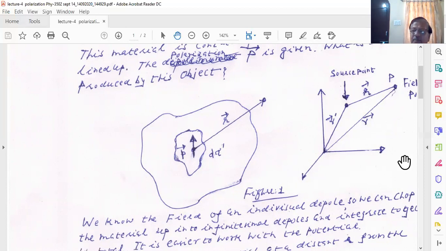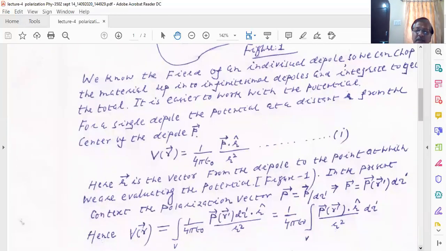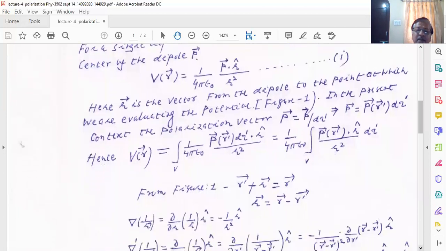This is the expression I'm writing from the figure. The source coordinate vector r prime plus the field coordinate vector r is equal to the position vector of the point P, which is the point where we are calculating the potential because of the polarized object.